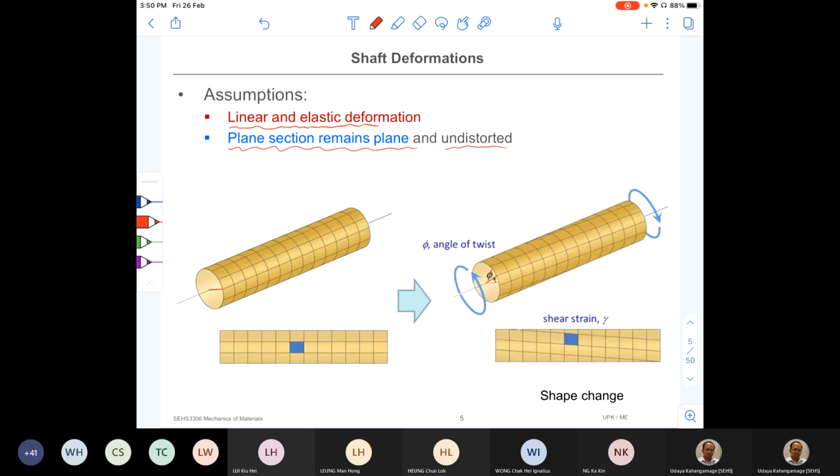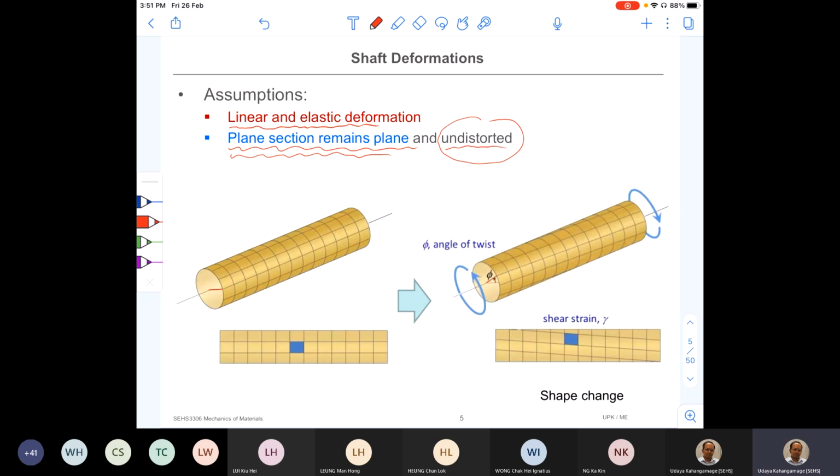No distortions, undistorted. And all the planes perpendicular to the major axis remain perpendicular. That is what is meant by plane section remains plane. No warping, right? There is twisting, but that twisting happens in plane, not out of plane.